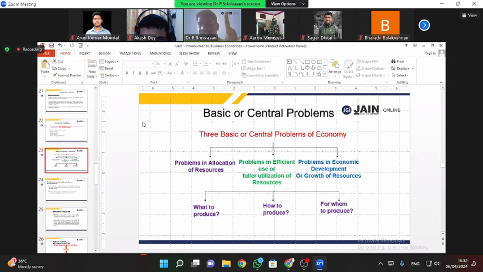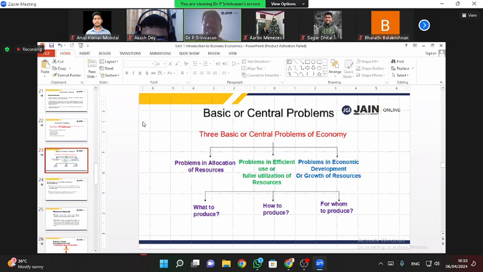What to produce, how to produce, and for whom to produce. In some countries, the government will take a call on these questions. You don't have a private sector on these questions. Understood?